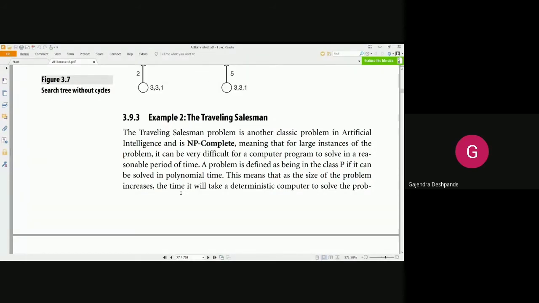The same thing happens with respect to Tower of Hanoi. If you go for 64 disks, then your system will hang. So you need to study the goal of computer science. Why we are studying computer science is that you need to solve difficult, real world problems.